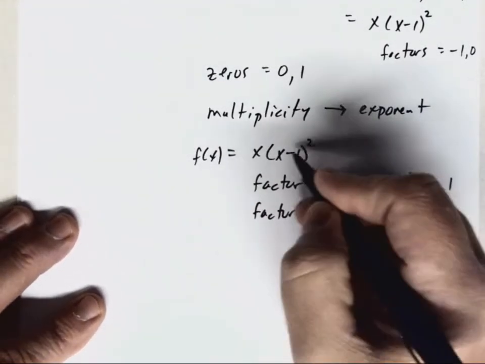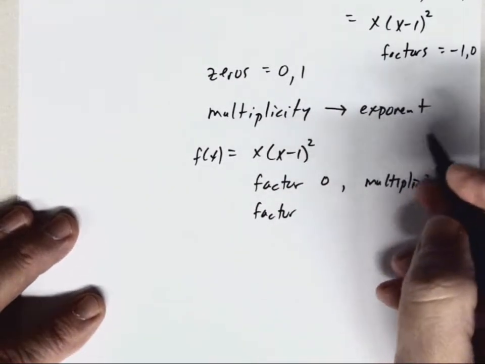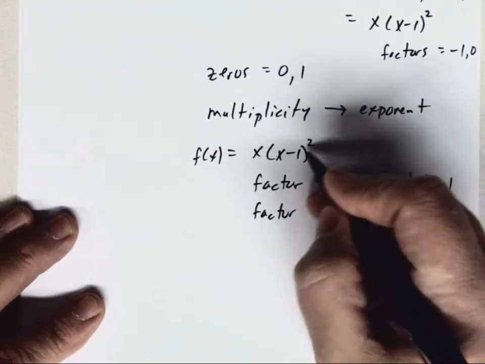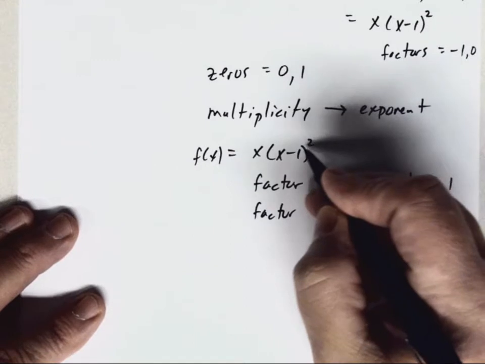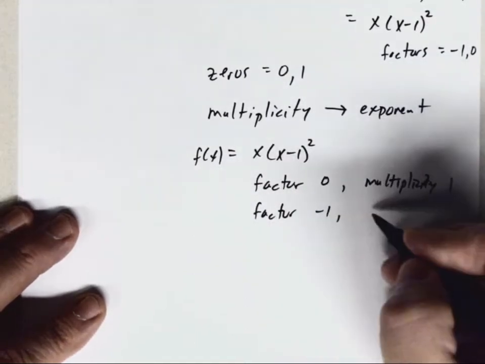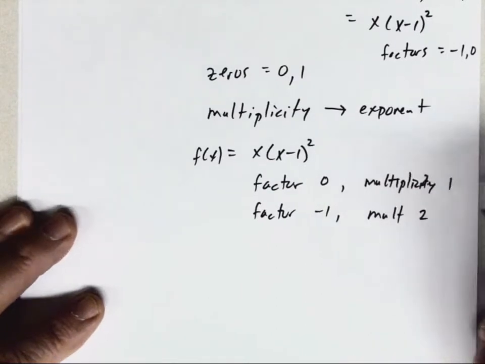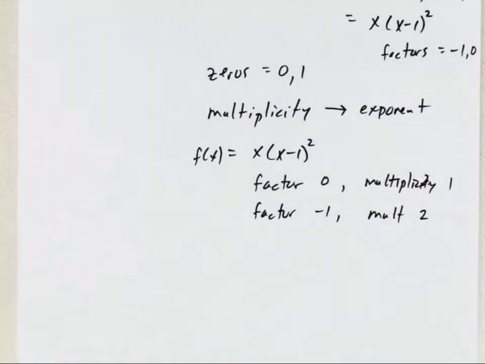Now, for here, my factor was negative 1. The multiplicity means what is the exponent, the multiplicity is 2.